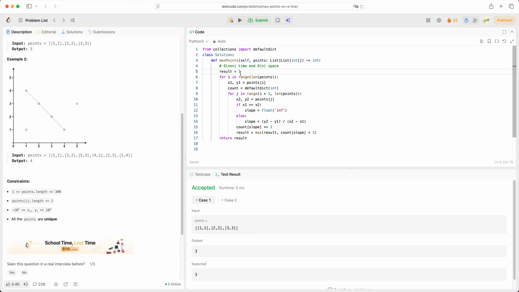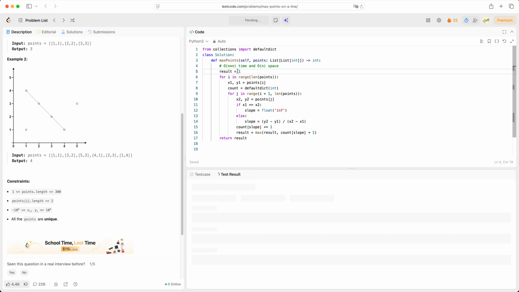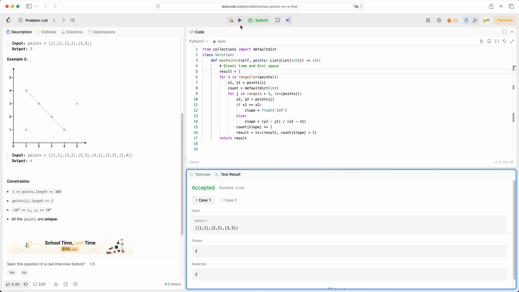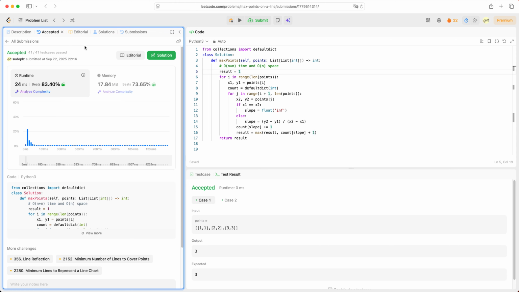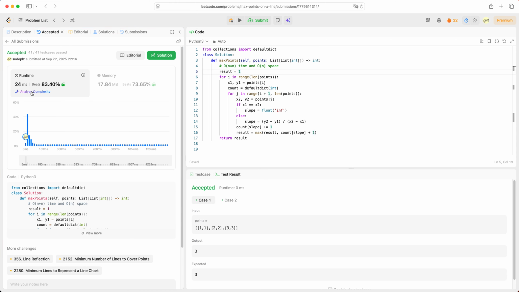So for this edge case, we have to set result to 1, because we know we're at least going to get 1 point, so it's safe to set result to 1. 1 point is always going to lie on any line that is defined by that point. So once again, it looks nice. Now I submit it. And yeah, you can see that actually works.